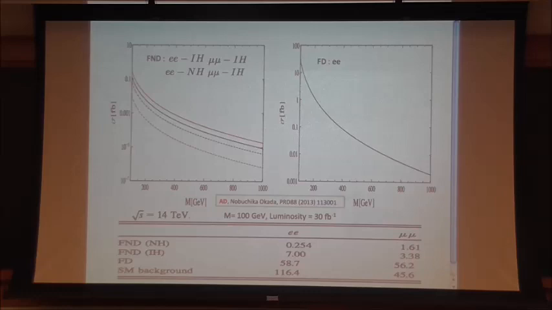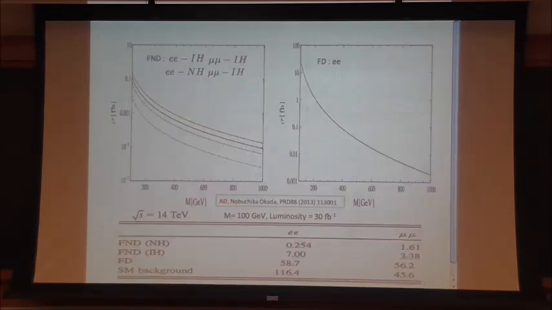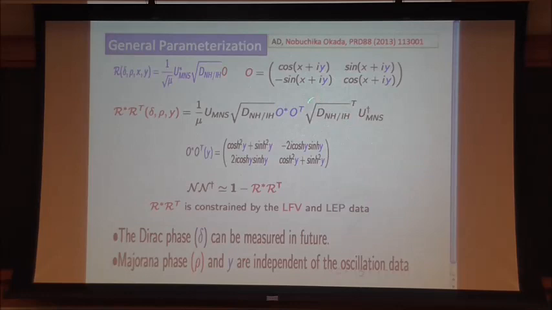So then we studied the general parameter set. Here I am showing you only the dependence over y, and I am not showing the Dirac and Majorana phases here. But y is this unknown parameter, where we introduce this orthogonal matrix to the mixing.